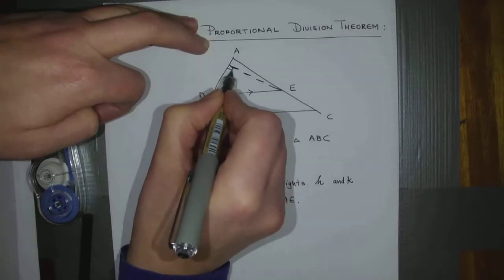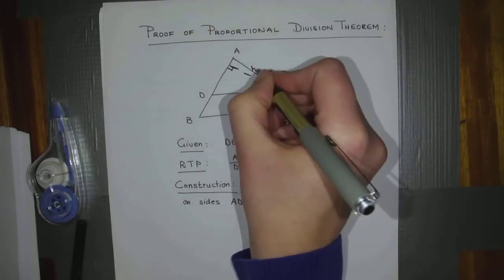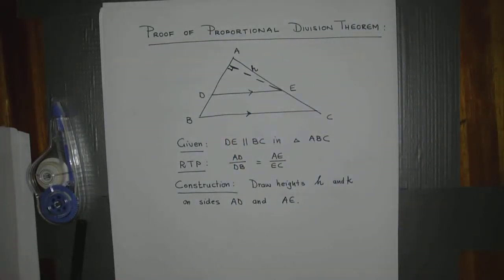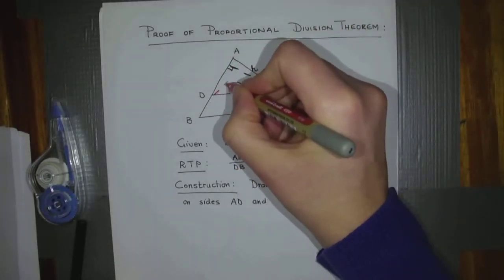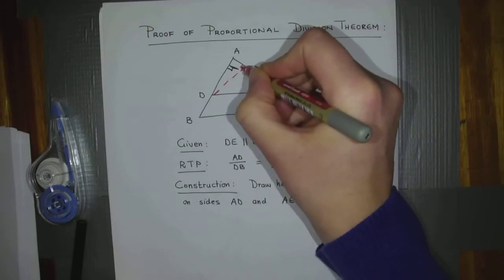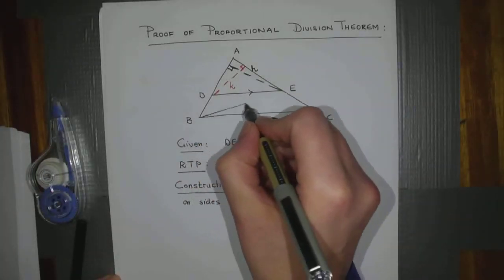It's got to be 90 degrees, and you call that height H. Then you go to the opposite side, so AE, and you draw a 90-degree height over there, and you can call that height K. So you draw a height H perpendicular to side AD and label it H. And you draw a height K perpendicular to AE, and you label it K. And then you also join up these lines, these diagonals.